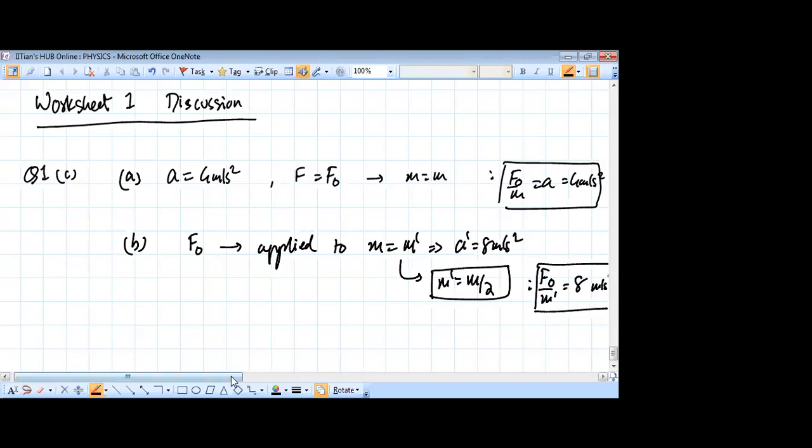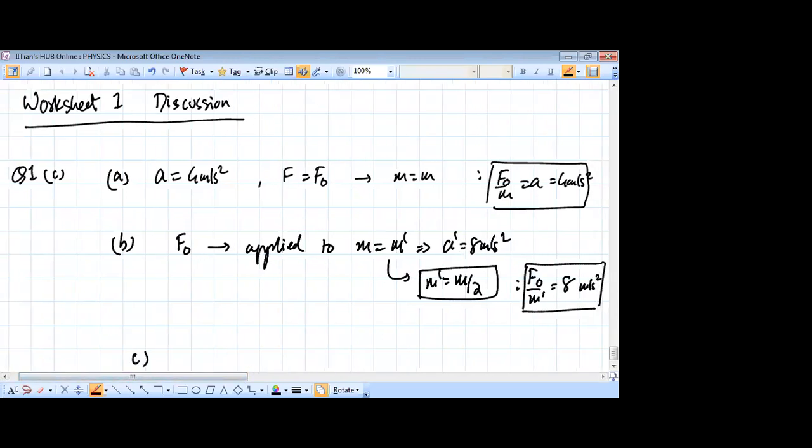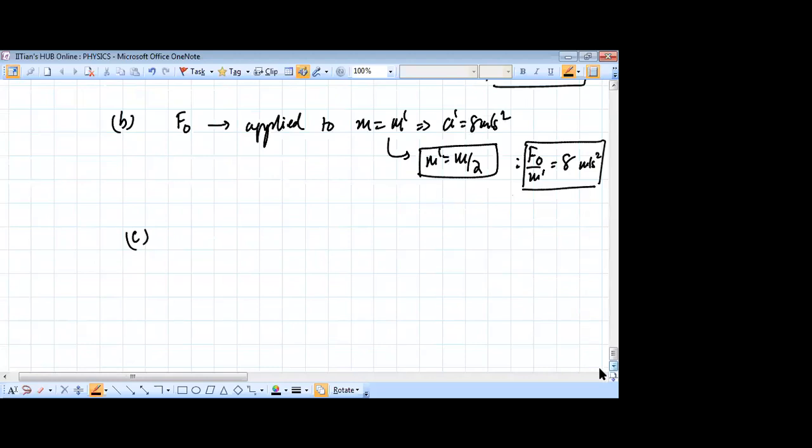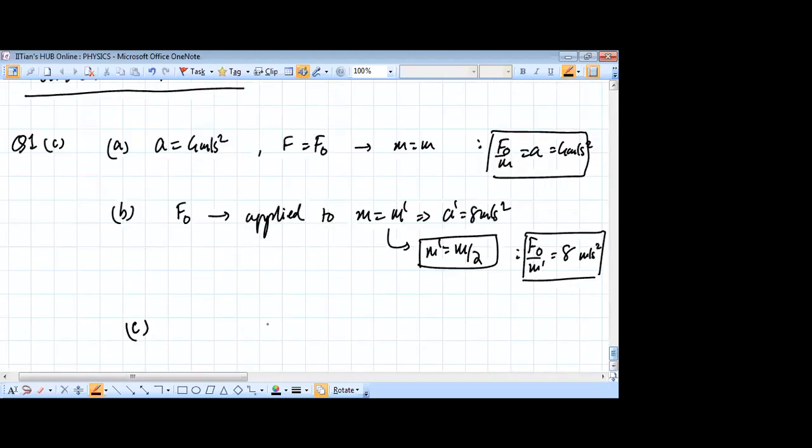meters per second square. So now in this C part, what you are doing is attaching the mass m with this other mass m prime. You are attaching them together and applying the same force F naught. So now how much will the acceleration be? Let's say it's a double prime. So how much will a double prime be? The force divided by the total mass.